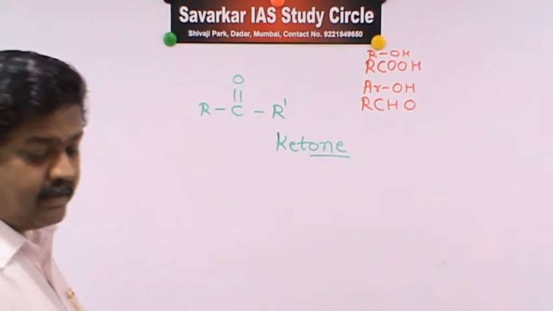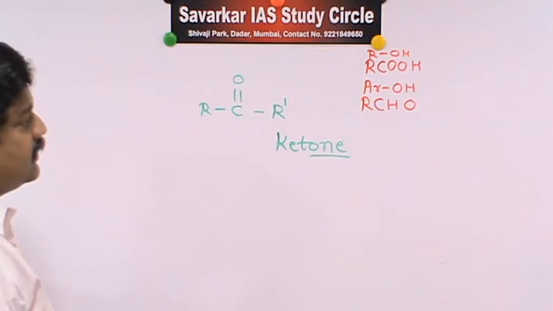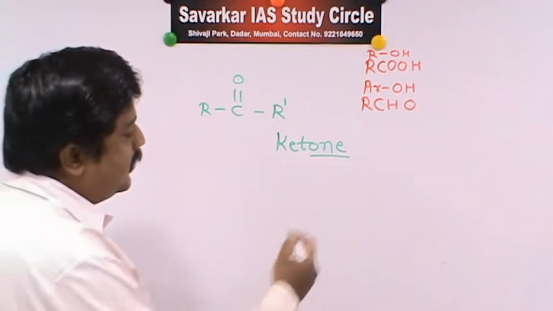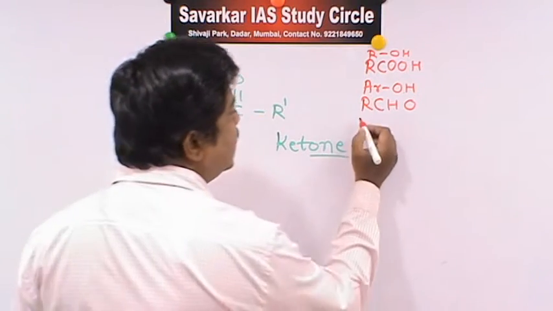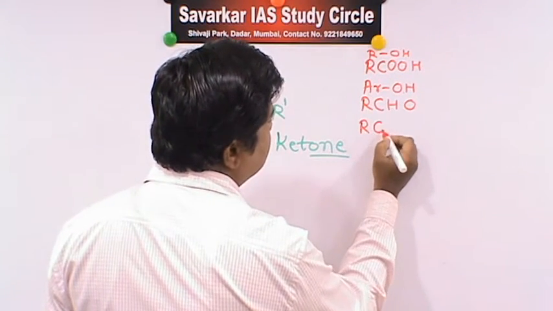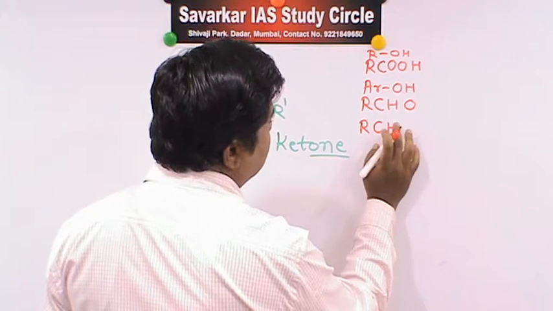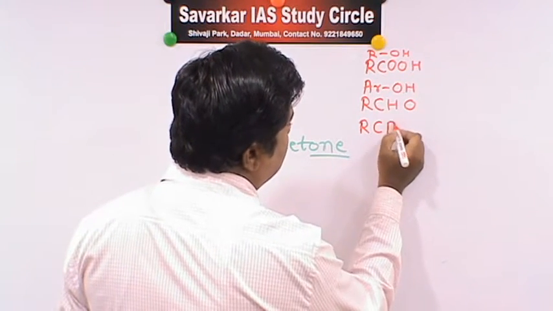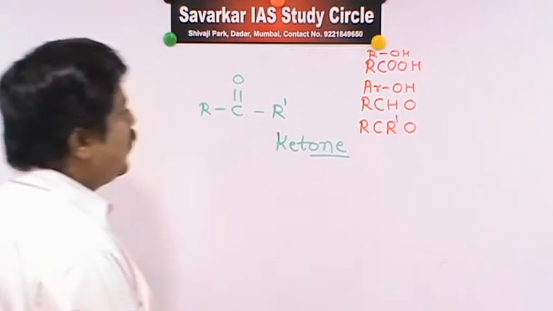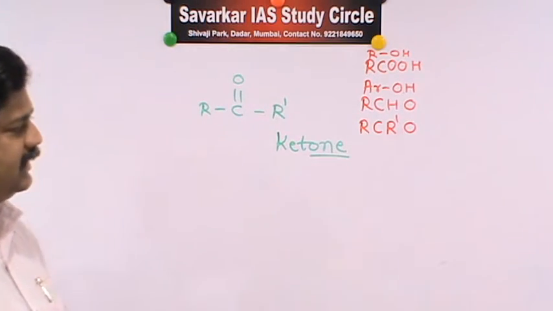Now the ketonic group is considered together with the aldehyde group. Many times we consider aldehydes and ketones together. This is represented as RC, R dash and O, but the proper representation of this group is this.